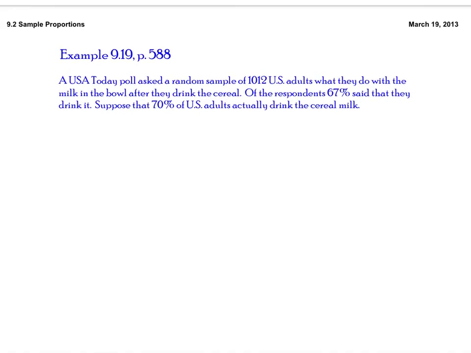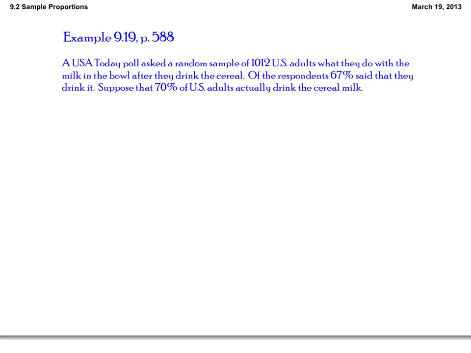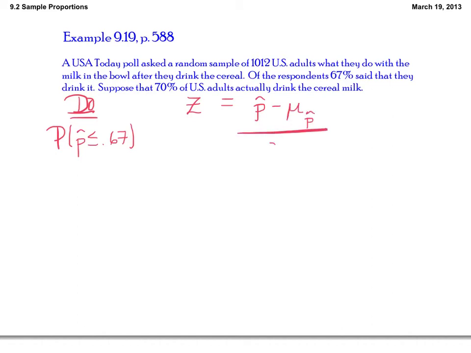In the do phase, we actually want to perform the calculations that help us answer the question of what's the probability that we'll find a sample whose proportion of respondents who say they drink the cereal milk is less than or equal to 0.67. Recall that a z-score takes an observed value, for us that's p hat, subtracts its mean, for us that's mu p hat, and divides by its standard deviation, for us that's sigma p hat.